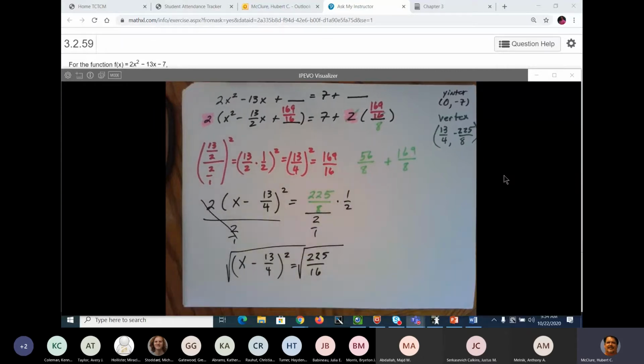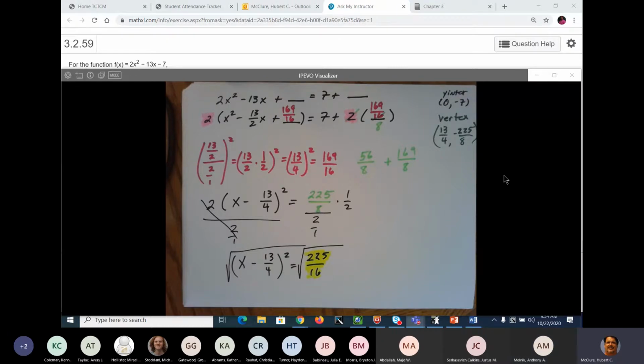Now I saw discriminant. So somebody tell me what this discriminant tells me. Is it positive, negative, or zero? Well, it's positive, right? Thank you. And what does a positive discriminant tell us?